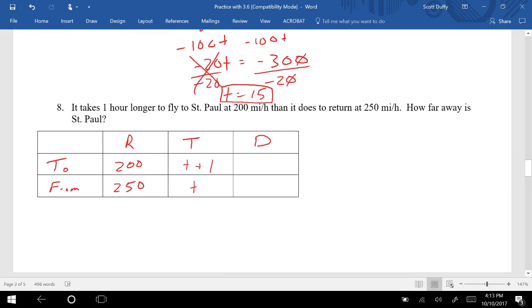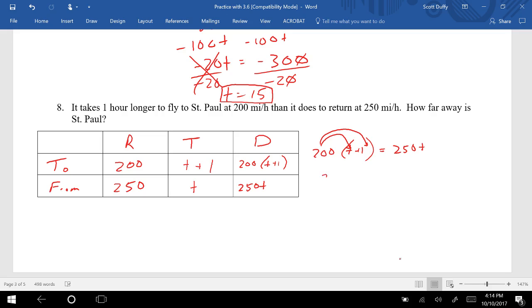So the distance is the rate times time, 200 times t plus 1, and then 250 times t. Same distance, so they need to be set equal. 200 (t plus 1) equals 250 t. Distribute. Anytime you see parentheses, distribute when we're solving these.